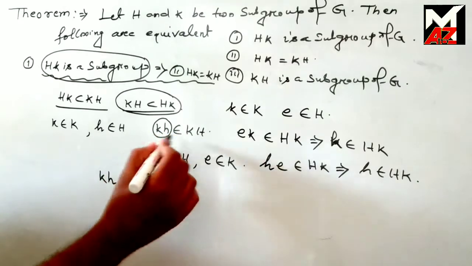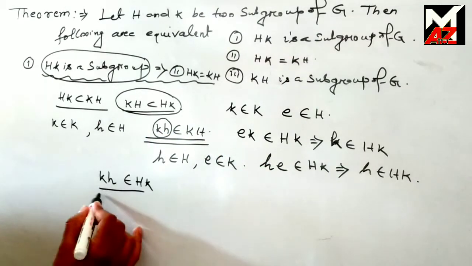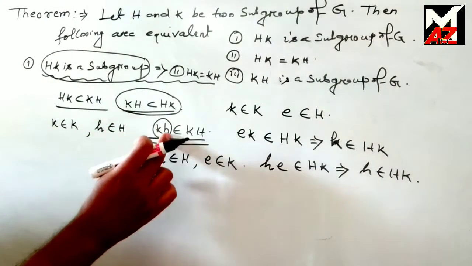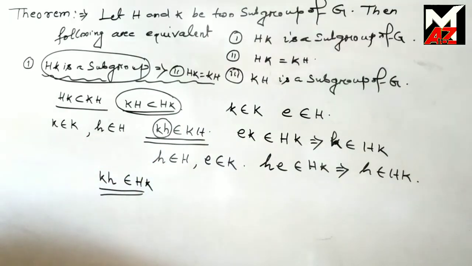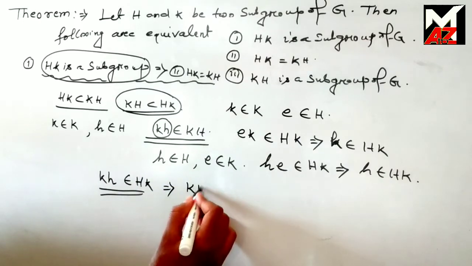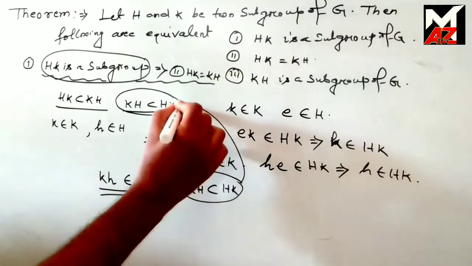So we start from this and we end at this. So for all kh belongs to KH implies kh belongs to HK. That is, we can write KH is a subset of HK. This is the first target.